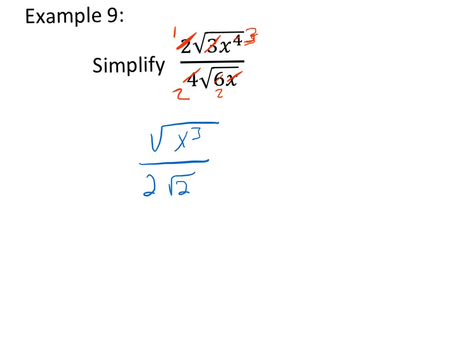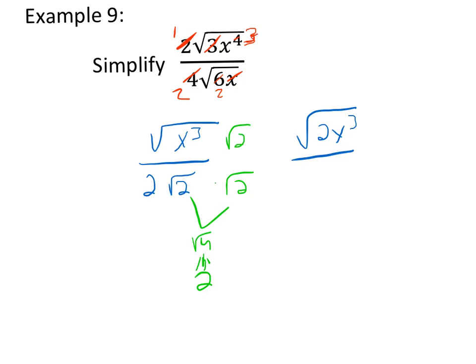Now again, you cannot have a root in the denominator, so I multiply by the problem, which is root 2, and that together gives us root 4, which gives us 2. So we have root of 2x cubed over 4, or 2 times 2.